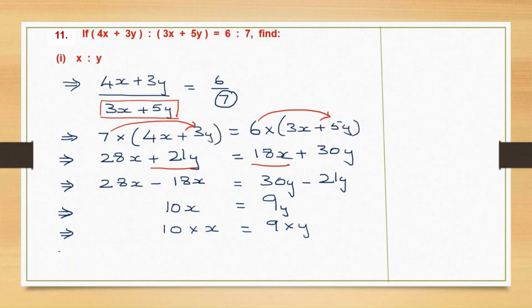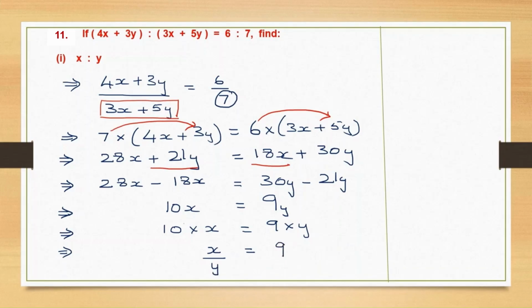So I'm going to leave x on the left hand side as it is, and I'm going to transpose 10 to the other side. Similarly, on the other side, I have y, which I'm going to transpose to the left hand side because I need to get the ratio x is to y, or x by y. It's multiplication. When it comes here, it becomes division. Now on the right hand side, I already have 9, which I'm going to leave there.